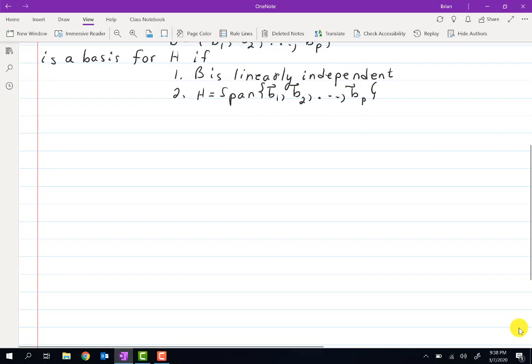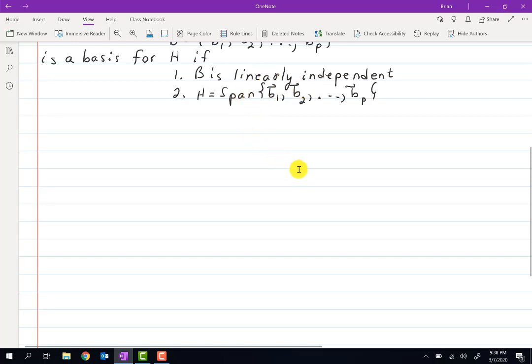Let me do some examples to get you comfortable with this. So we need the vectors. Those are the 2 items that we need. Linear independence and spanning. Those are the 2 things we need to be a basis.